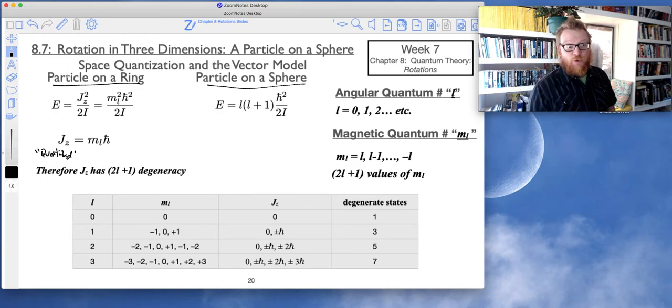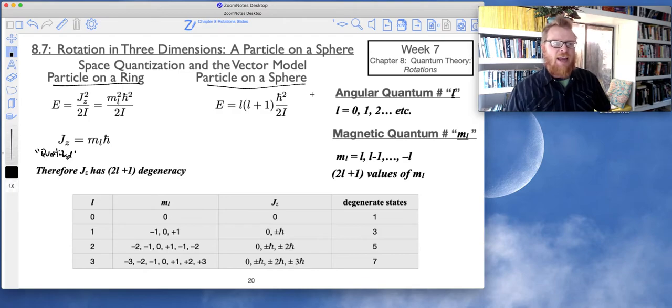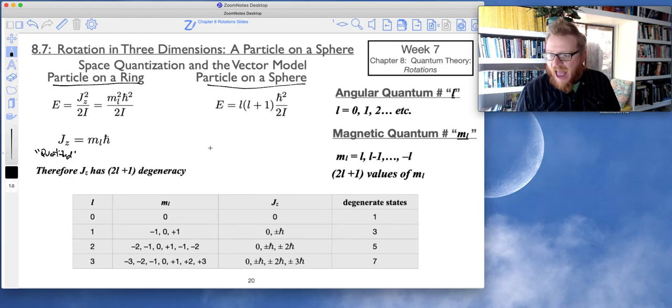So if you look at how these two equations connect, what we can now say is our total magnitude, which is going to be this L squared, is going to be equal to our Jz squared result, which is L times L plus 1.